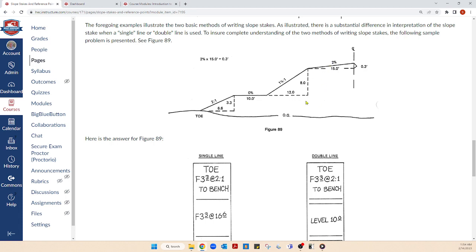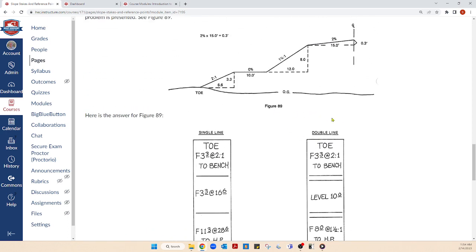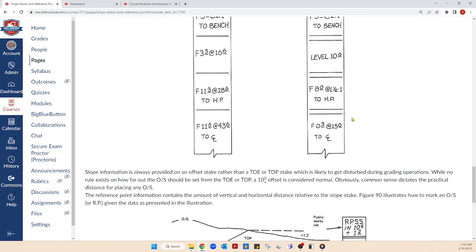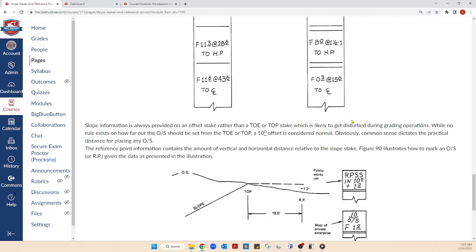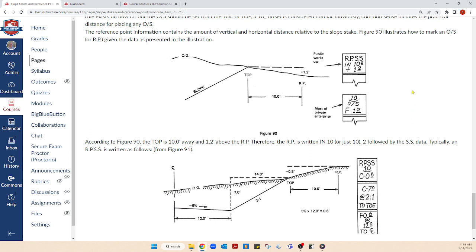And pause, think about it, go back through it, write down your questions, refer to the figures that we're on, if we do have a big blue button, which I think maybe we should do. I've already read about that. Here's a little simple deal. Now we're getting into the reference point to slope stake.